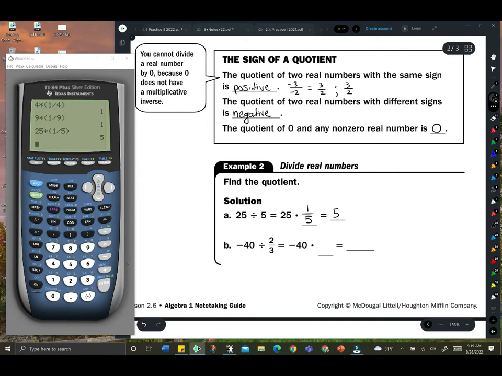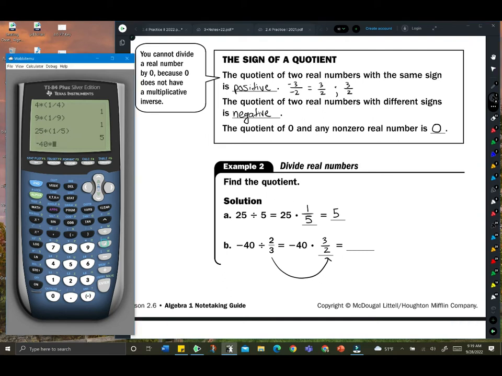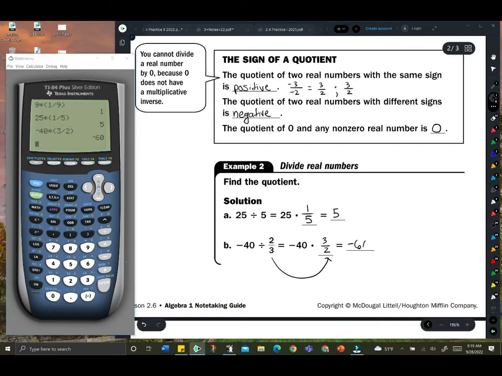Negative 40 divided by 2/3 is really negative 40 times 3/2. So see what I did? I used the reciprocal. Negative 40 times 3/2 is negative 60. Okay, so be careful with how to rewrite multiplication.